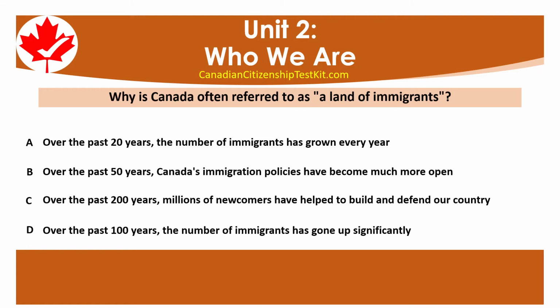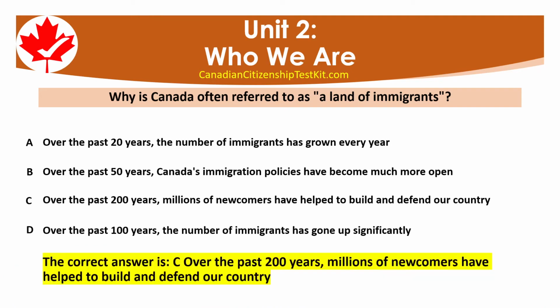D. Over the past 100 years, the number of immigrants has gone up significantly. The correct answer is C. Over the past 200 years, millions of newcomers have helped to build and defend our country.